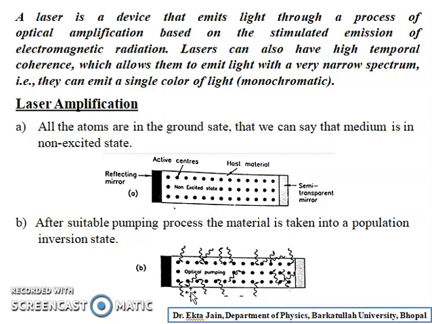As I told, in the normal condition, all the atoms reside in the ground state, and through pumping, these atoms jump to the excited state from the ground state. So, the number of atoms has been inverted, meaning the numbers are now more in the excited state as compared to the ground state. This process is population inversion, and the method by which it is achieved is known as pumping.